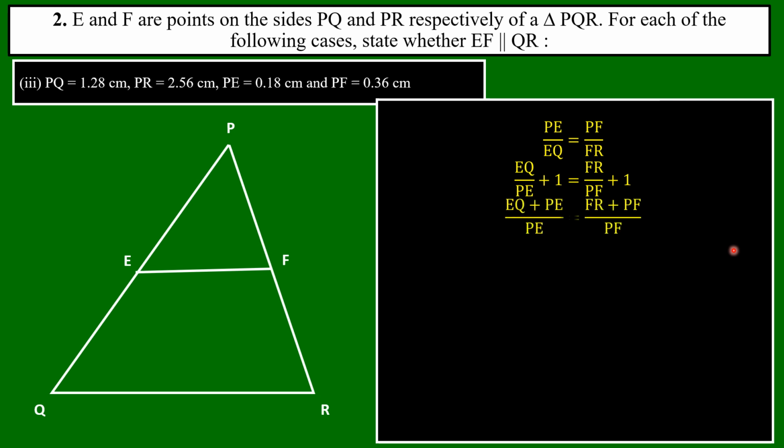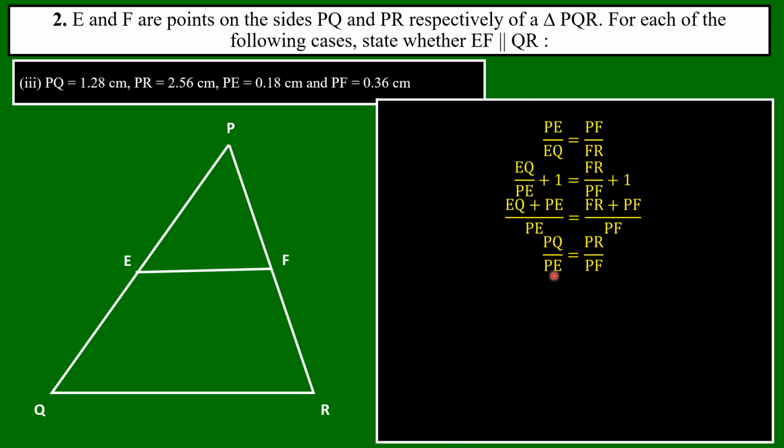See what happens by doing so. PE is the LCM, and by simplifying we get EQ plus PE upon PE, on this side FR plus PF upon PF, and see, EQ plus PE is PQ. Similarly, FR plus PF is PR.